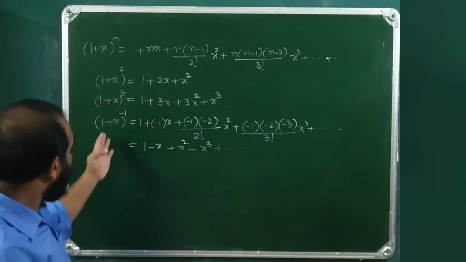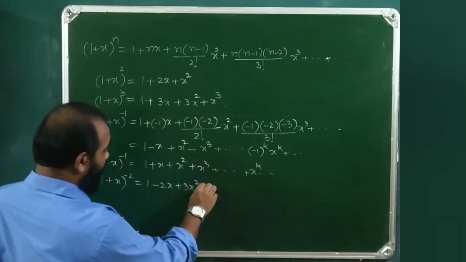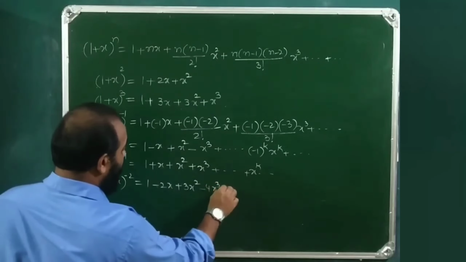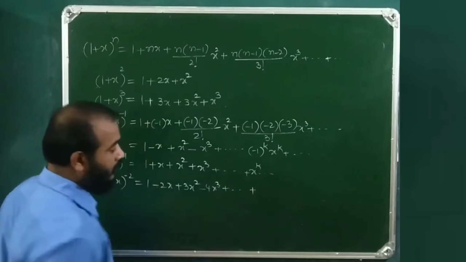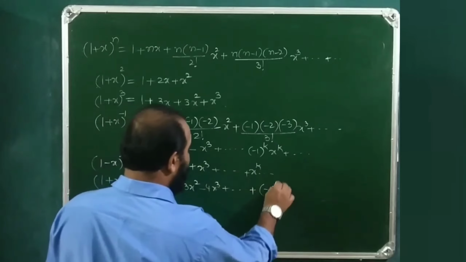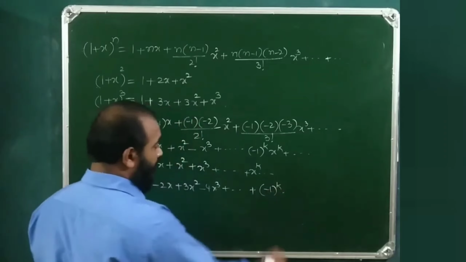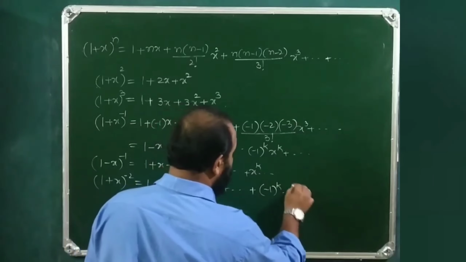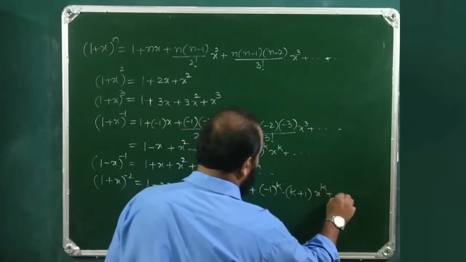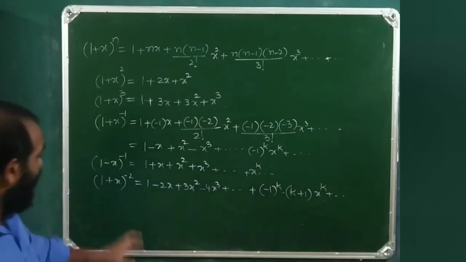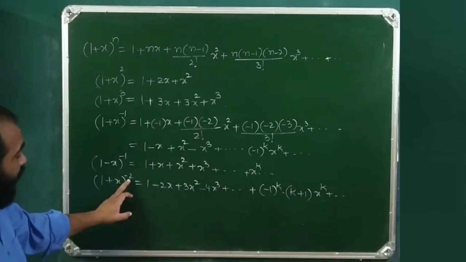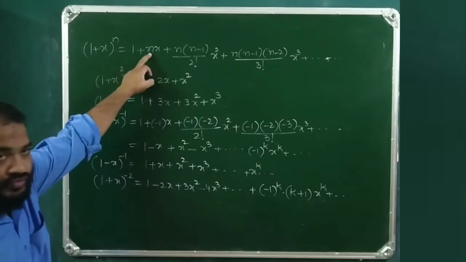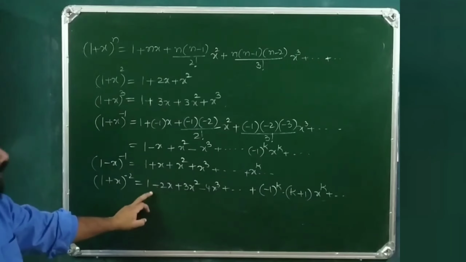Likewise, (1 + x)^-2 equals 1 - 2x + 3x^2 - 4x^3 plus etc., plus (-1)^k (k + 1) x^k plus etc. Here in the place of n, if you substitute -2, this is what we will get.